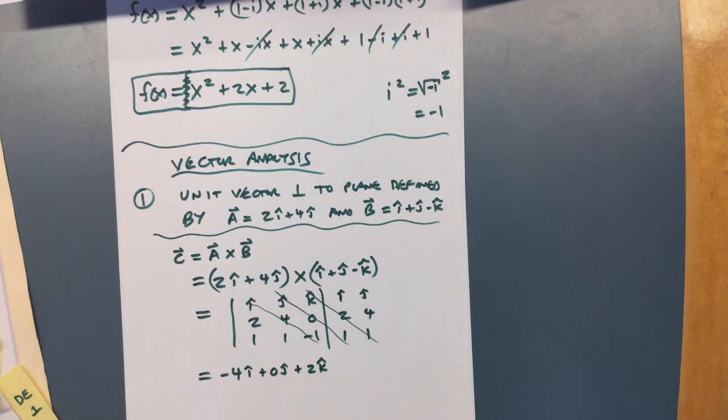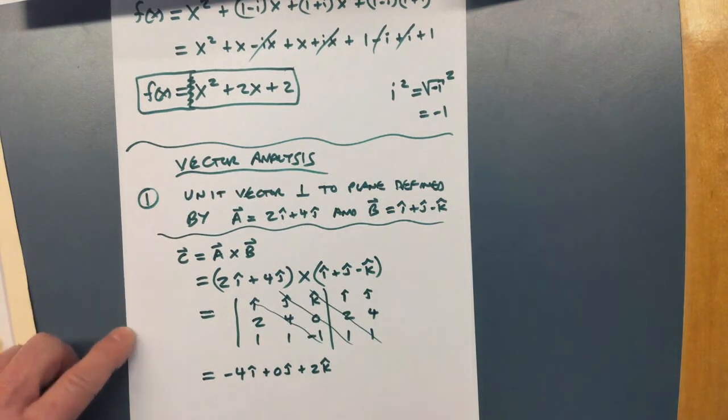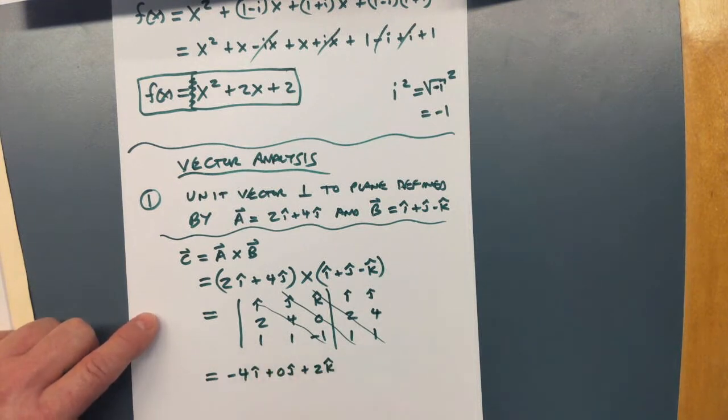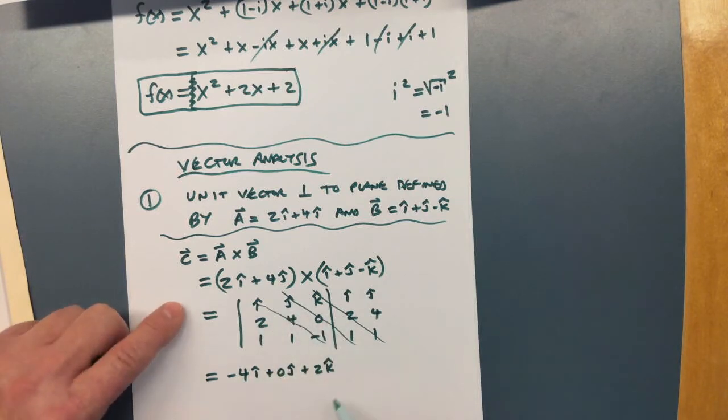Plus 2k. What happened now? What did I do now? Oh, move the mouse? There we go. All right. So I did the diagonals down and to the right, which have positive signs associated with them. So minus 4i plus 0j plus 2k. Why is it minus 4?